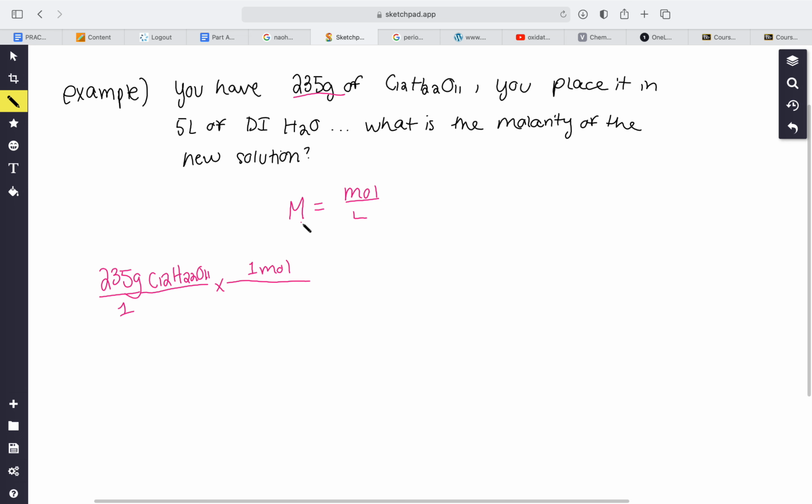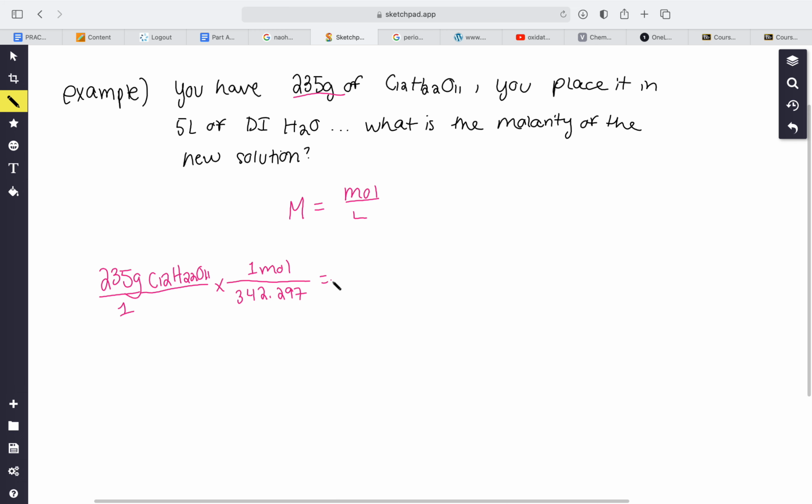I just know it off the top of my head from doing these calculations so many times. Oxygen, we have 11 of those, and they are 15.99 grams. Okay, so the molar mass of this is 342.297. You may get some different numbers based on how you round, but the overall final number that we get should be pretty much the same.